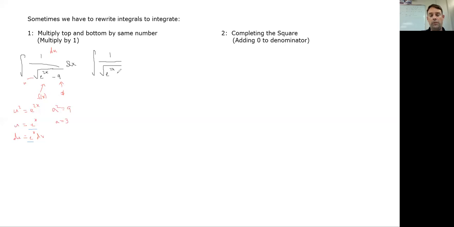Here's how we do that. If we multiply both the top and the bottom by e to the x and e to the x, we'd end up creating something that we can actually balance to create that arcsecant integral.